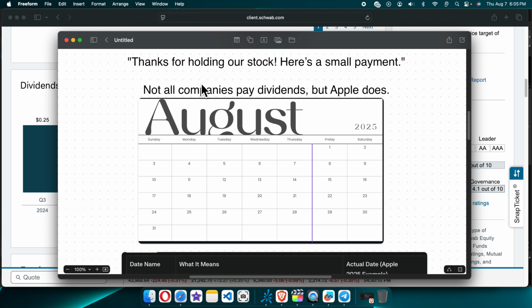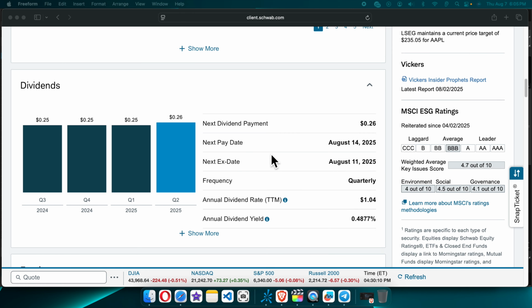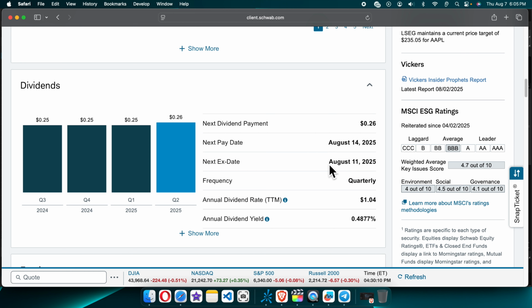So whenever you think about the exact date for the ex-dividend, you need to be careful. You need to hold that stock till that day. Okay, on this day you can sell it, but before that, till the 11th, you must hold the stock so that you will get the dividend.